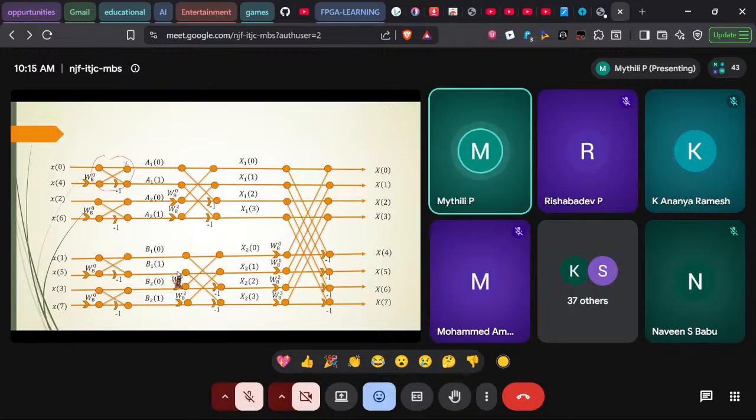This is an addition. This is a subtraction. One addition, one subtraction. And you can see here, this is 0, 4, 2, 6, 1, 5, 3, 7. This is the even of the even, and this one is the even of the odd.